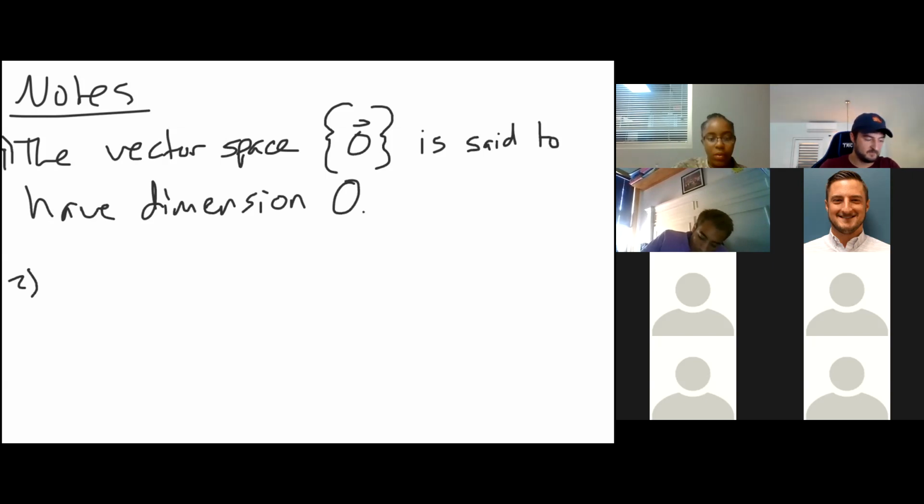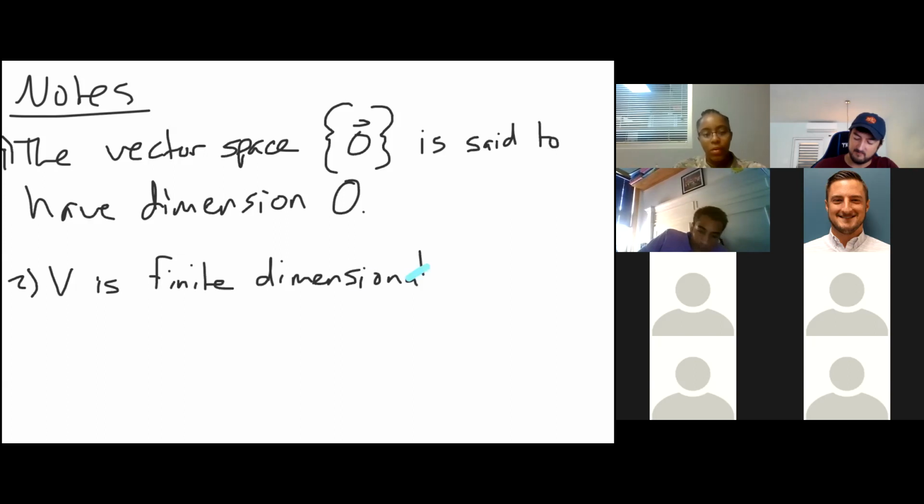Second thing, your vector space V is finite dimensional if a basis has a finite number of vectors.